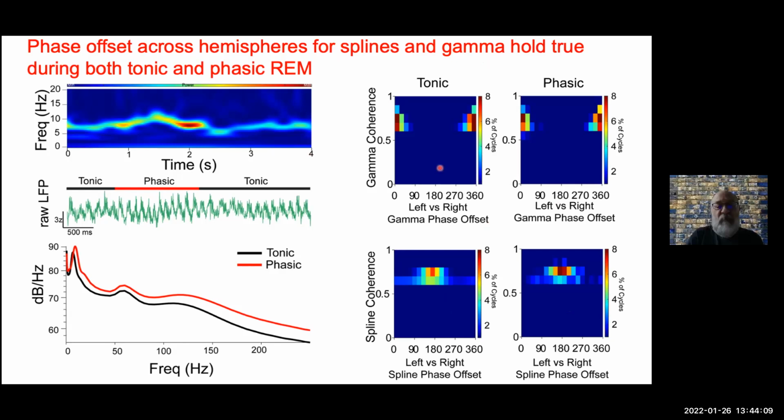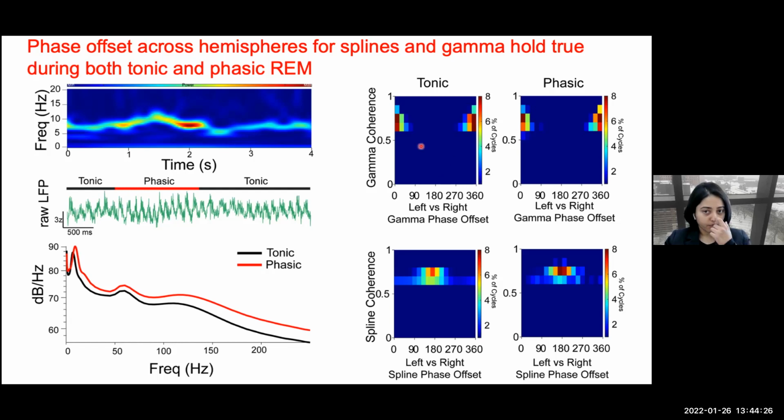So Megha, could you say a couple words about what's the differentiation, for those of us who are not sleep specialists, between tonic and phasic REM? Phasic REM is seen with increased muscle twitches and these PGO waves, which are seen in the brainstem, which correspond to increased activation during one subset of REM epoch, which is known as phasic.